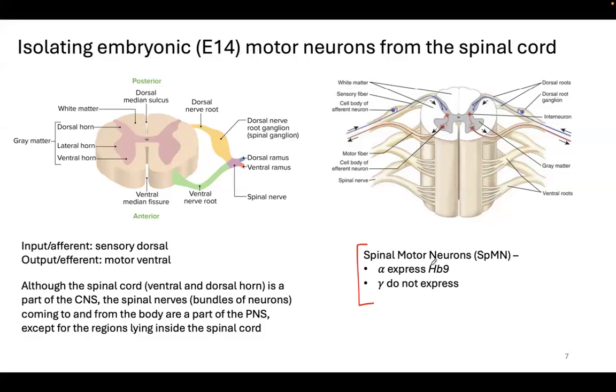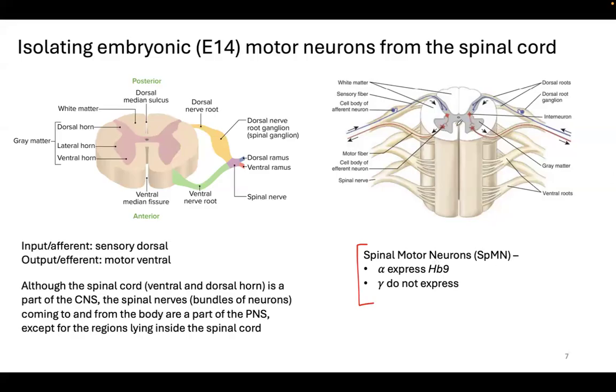Versus if you talk about a later stage of mice, maybe E22 or a postnatal mice, then this may not be specific to just the alpha motor neurons and may be expressed by more types of neurons or motor neurons. All right.